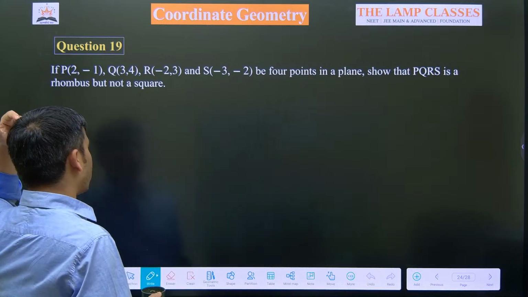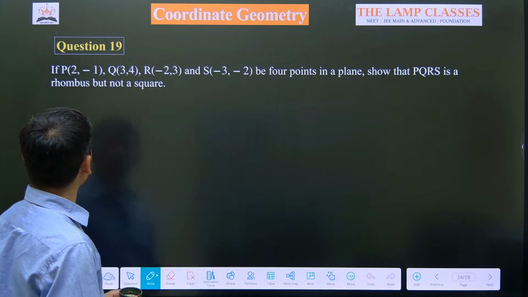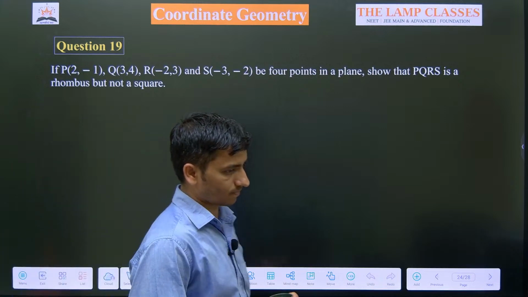So they have given coordinates of 4 points P, Q, R, S, and we have to show that PQRS is a rhombus but not a square. Please solve it.